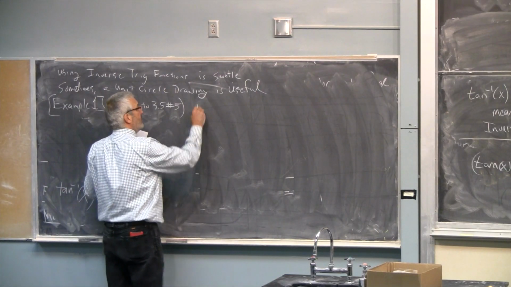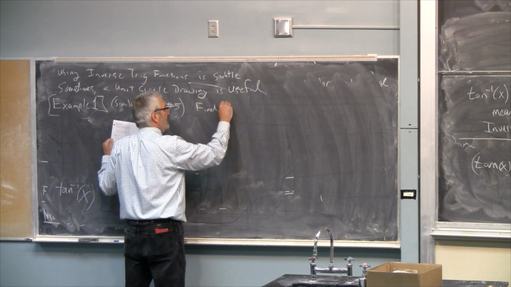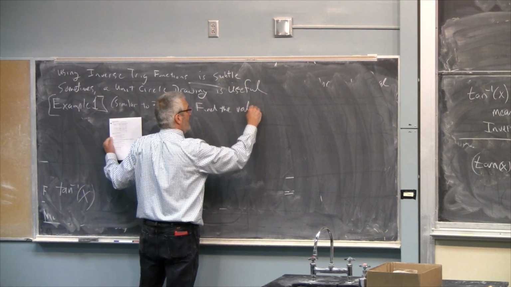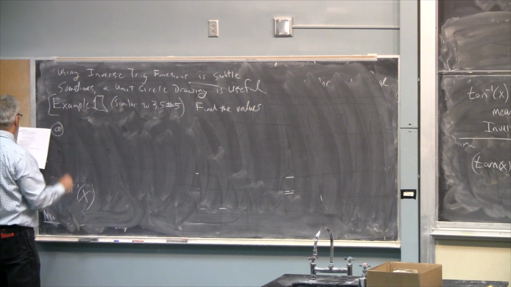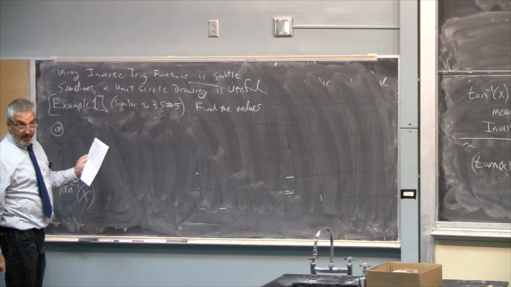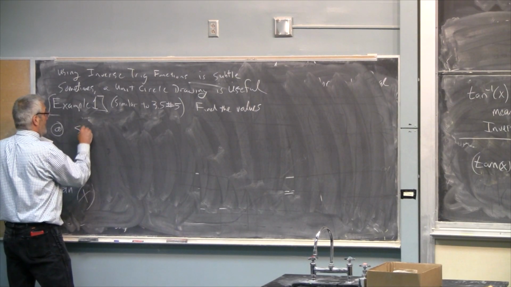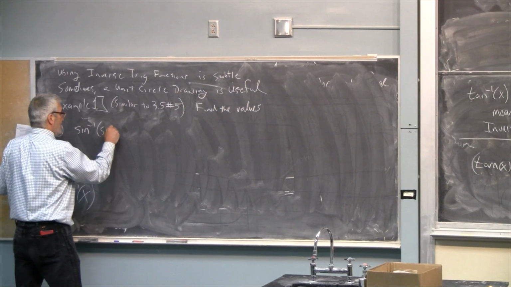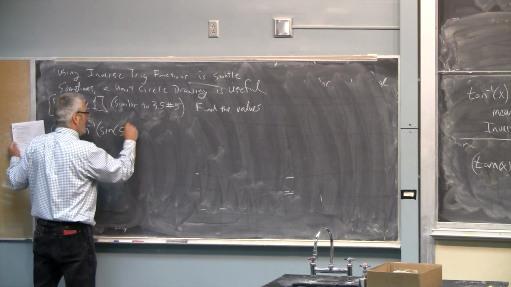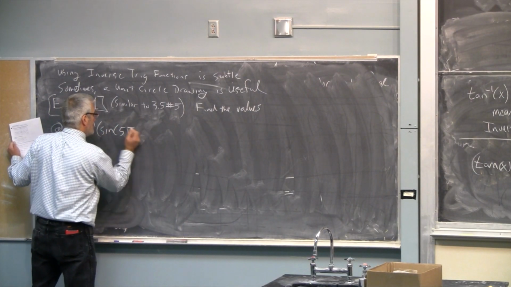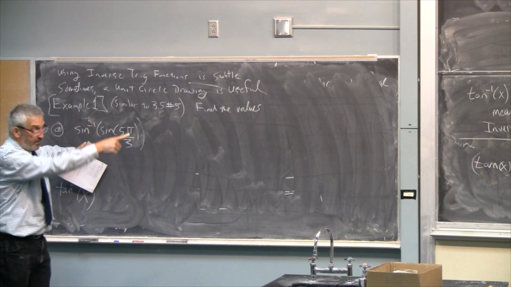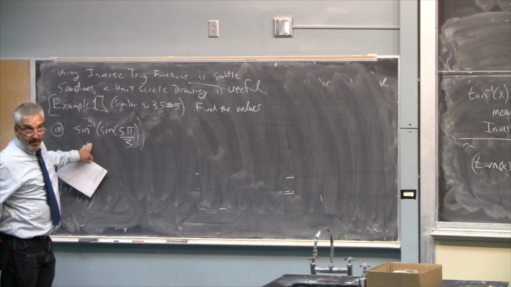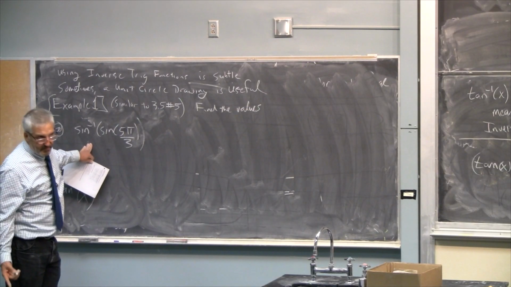Find these values. A, sine inverse of sine 5 pi over 3. So look, it's one of those babies. Sine inverse of sine of x is just x, except it's not.